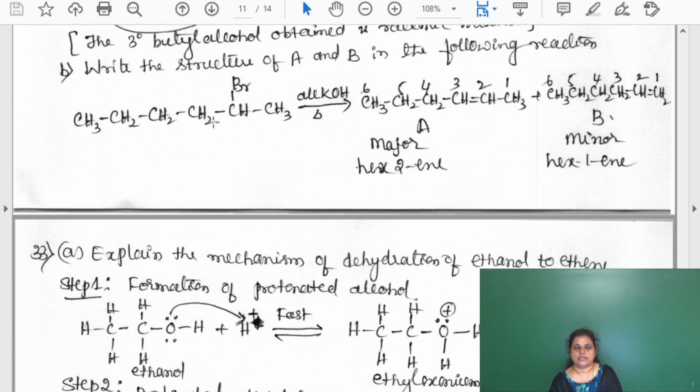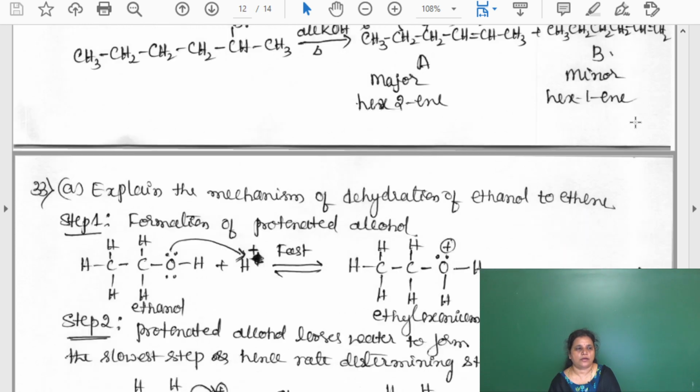When a given haloalkane contains 2 different beta carbon atoms, the products are 2 here, one is the major product, another one is the minor product. A is hex-2-ene, B is hex-1-ene. Here A is the major product according to Saytzeff's rule, because the highly substituted alkene is more stable due to hyperconjugation effect. So this carries 2 marks. Writing the 2 products carries 2 marks, 1 mark and 1 mark.